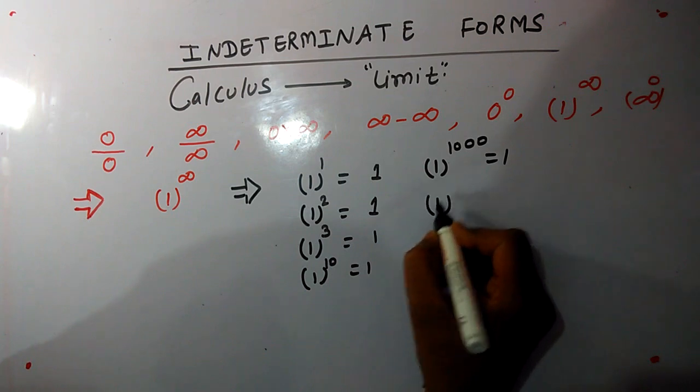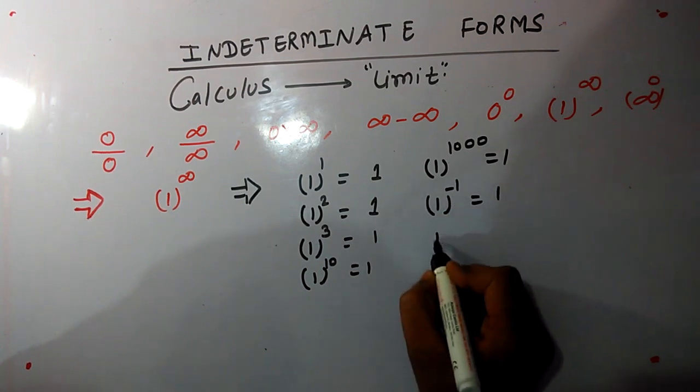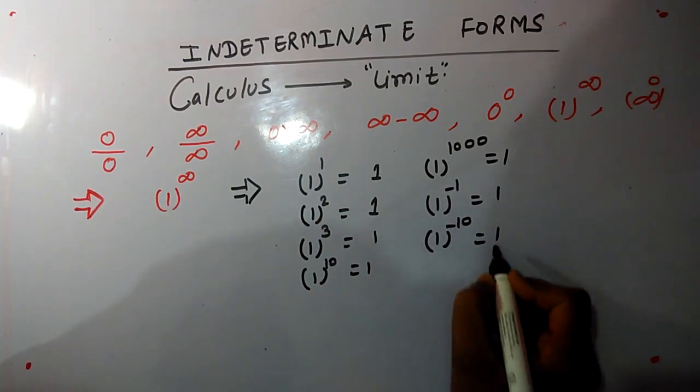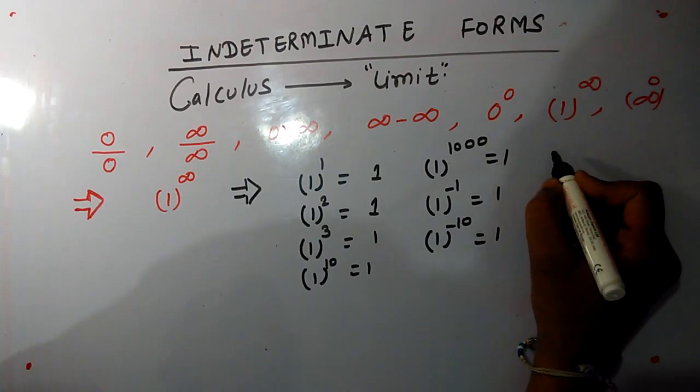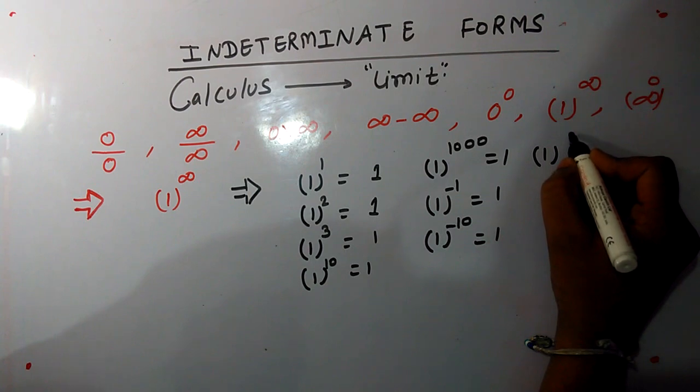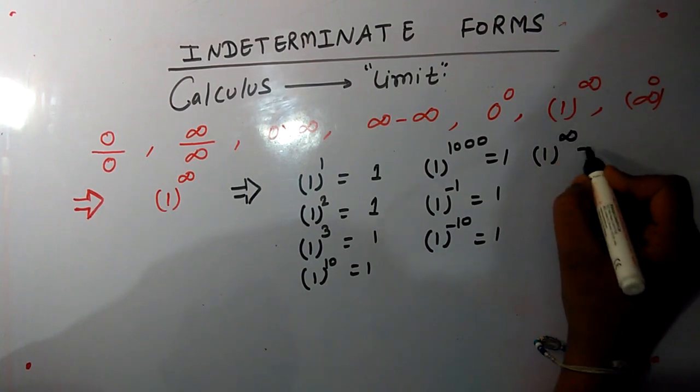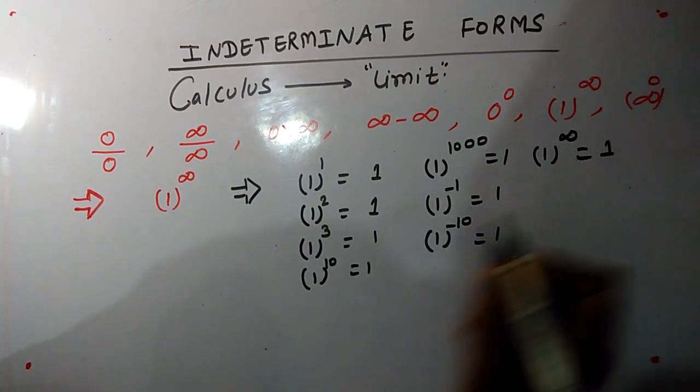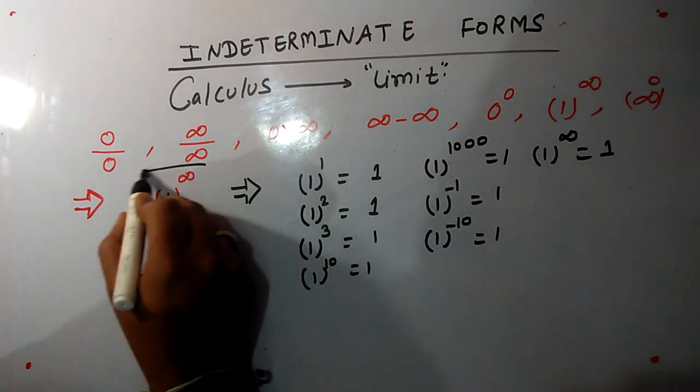Even 1 raised to power minus 1 is also 1, 1 raised to power minus 10 is also 1. So from these observations we can say 1 raised to power anything, even infinity, should be equal to 1. But I am saying this is indeterminate form.